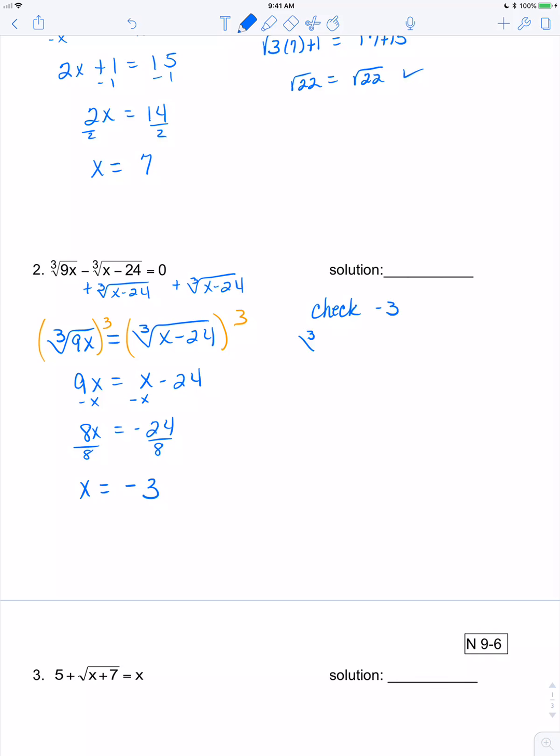So the cube root of 9 times negative 3 minus the cube root of negative 3 minus 24, is that going to be equal to 0?